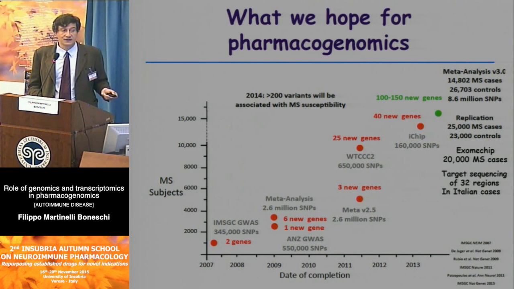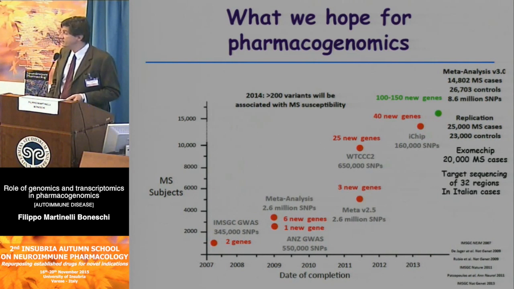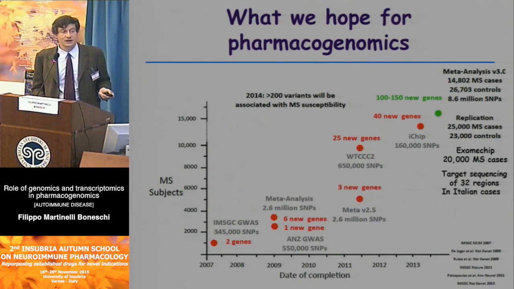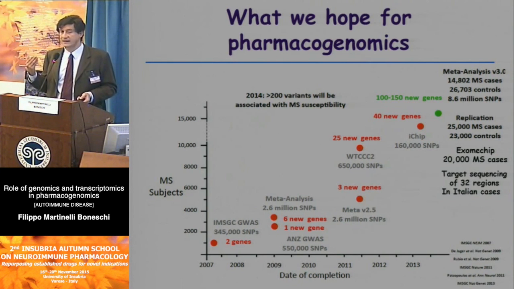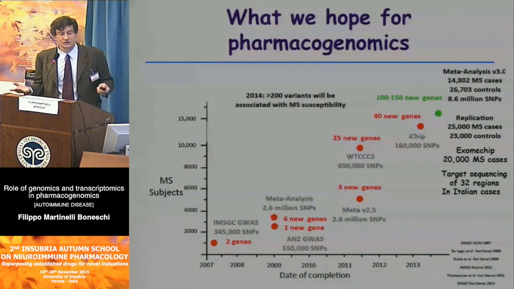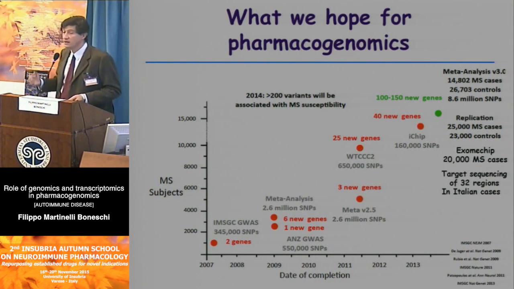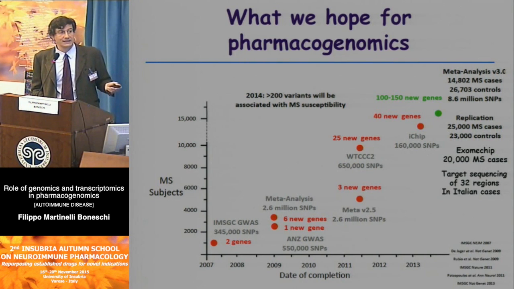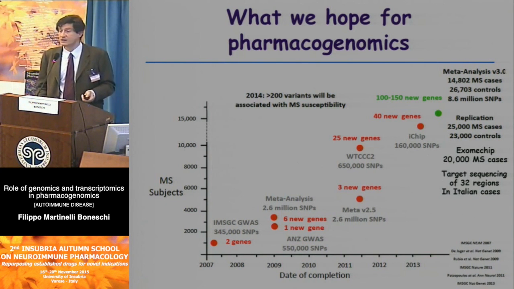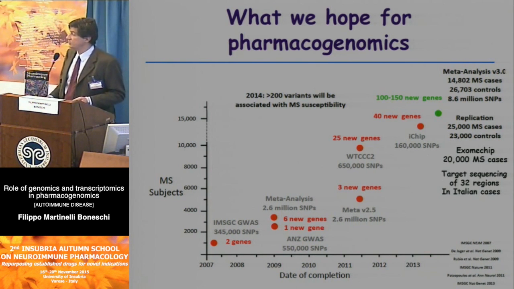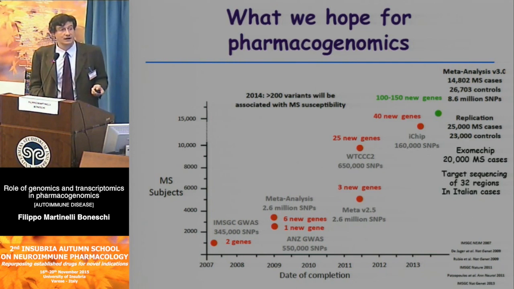The hypothesis is that for response to treatment it could be the same story: we have been able to find a variant, the one I have shown you, somehow implicated in response to treatment, and by increasing the number of patients in the near future, hopefully it will be possible to identify additional genetic factors implicated in response to treatment, which is now more difficult because there are several drugs, but this is one hypothesis.